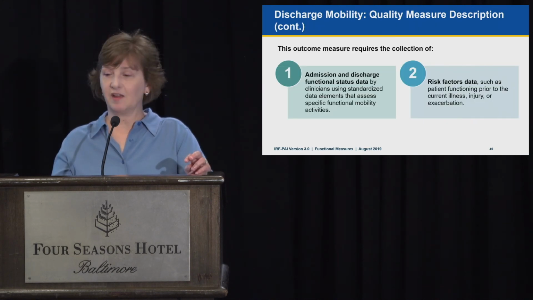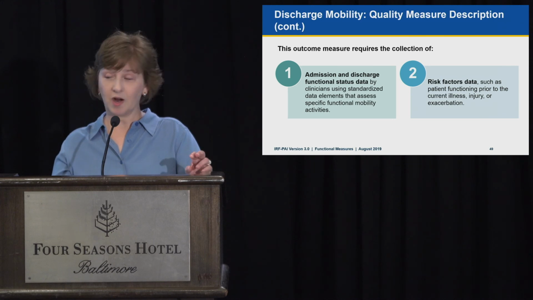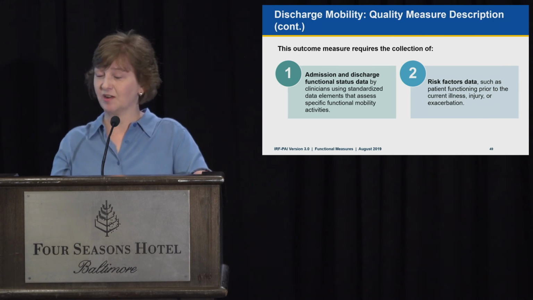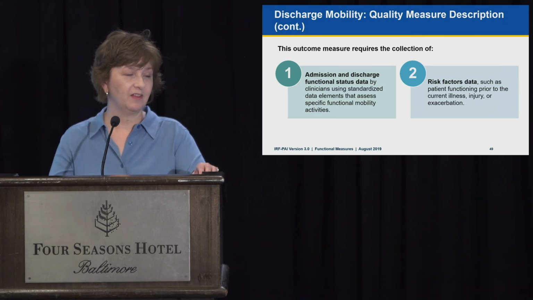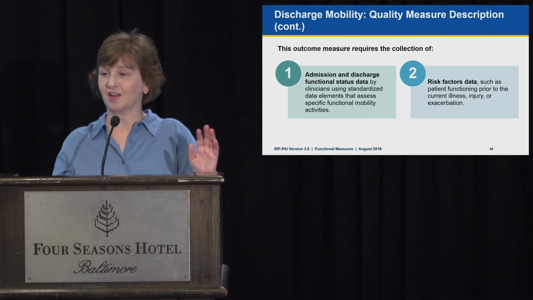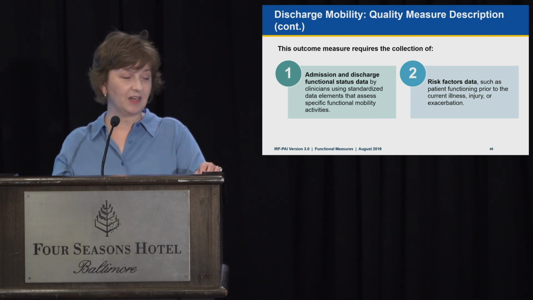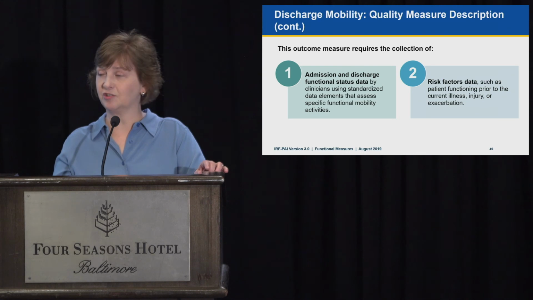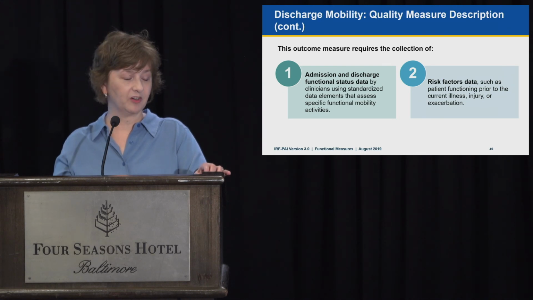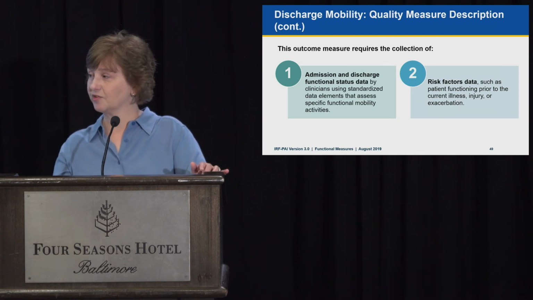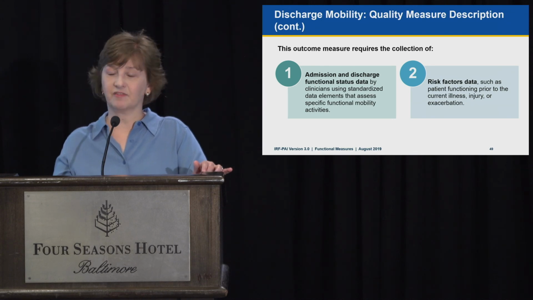In terms of the information that is required in order to calculate this measure, as with all the other measures, the first box is the section GG, functional assessment data, in the mobility section, GG 0170 that we've covered earlier today. And then the risk adjuster data that comes from the IRF-PAI in various sections.